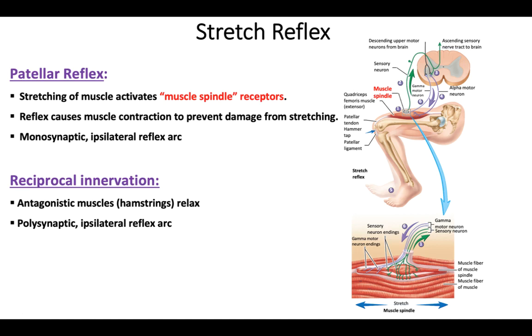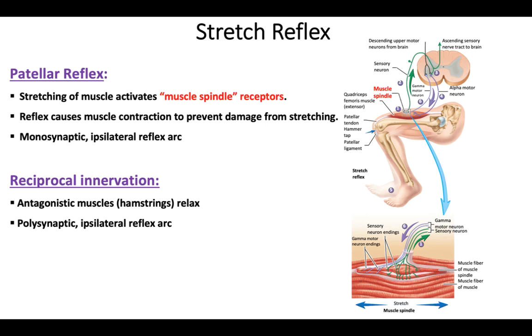In particular, they get activated when the muscle gets stretched too much. Because if you think about what stretching of a muscle might lead to, it could lead to tearing and damaging of the muscle. So when you're running, your muscles are constantly monitoring their length. And if a muscle starts to get too long and starts to stretch, the reflex kicks in.